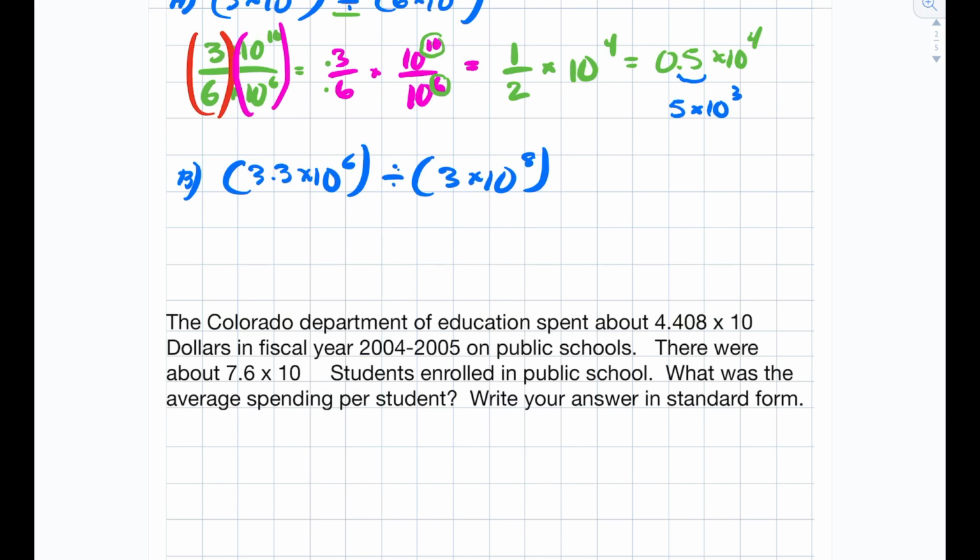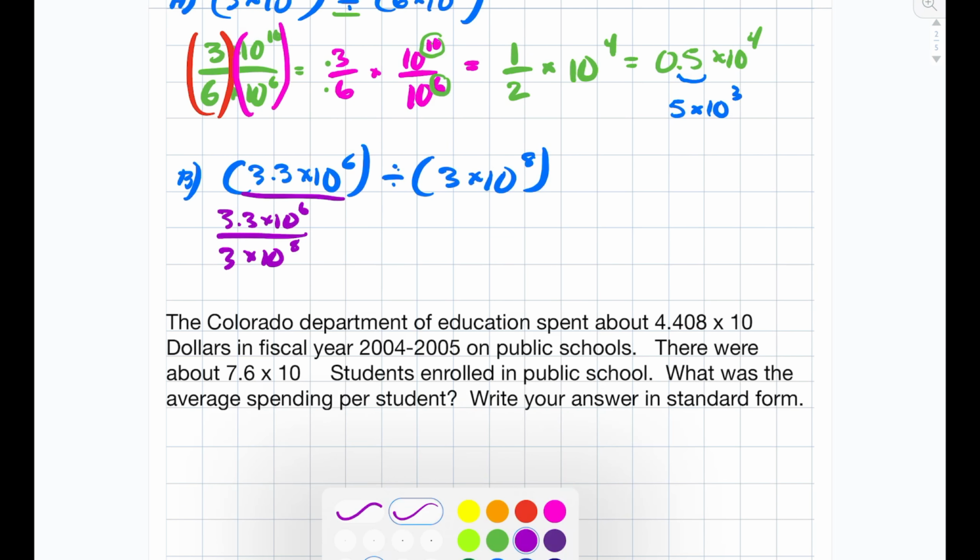All right, let's take a look at this one. So this time, let me change color here. This time we have the first number, 3.3 times 10 to the 6th power, divided by the second number, which is 3 times 10 to the 8th power. Remember what I just said?